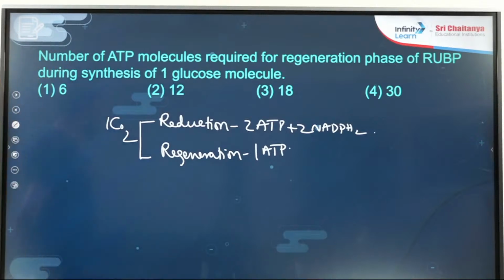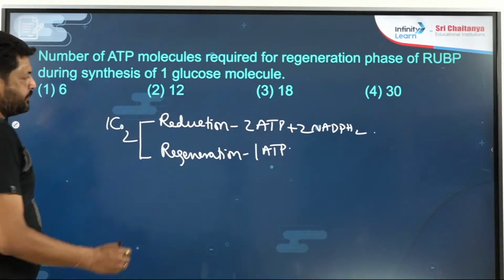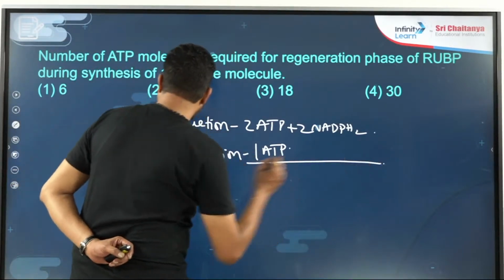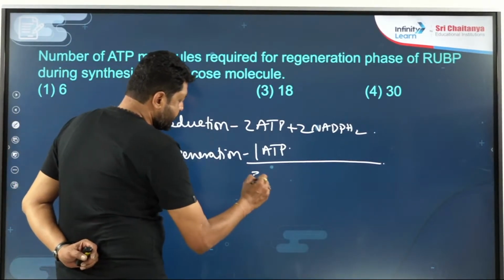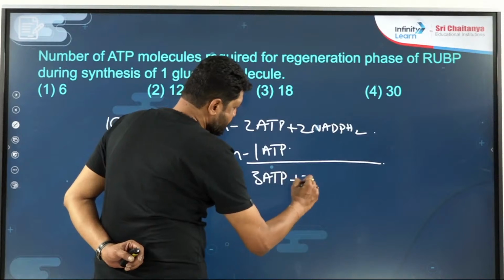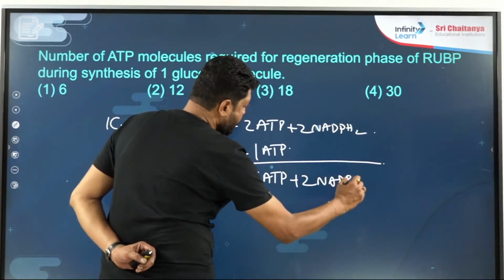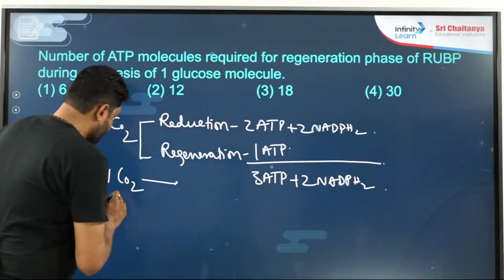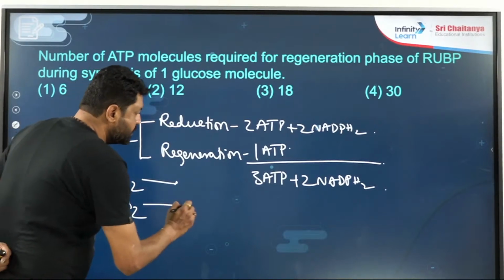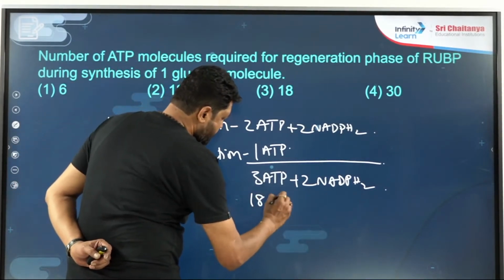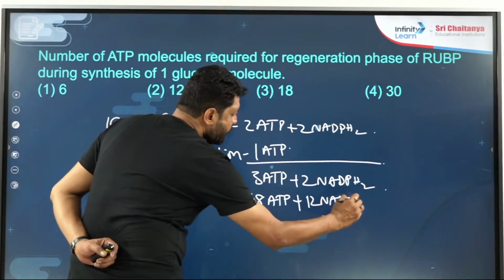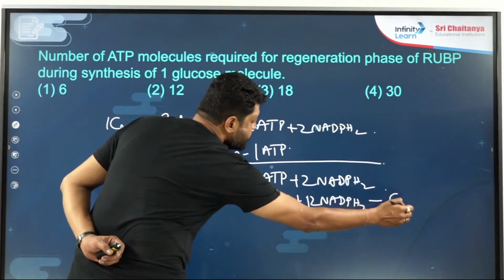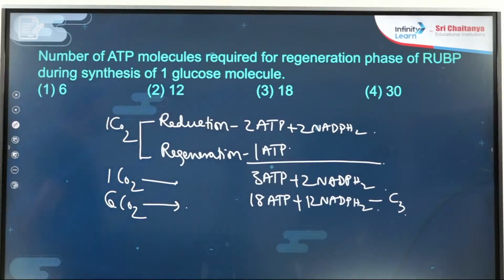Regeneration, 1 ATP. So for reduction of 1 CO2 molecule, in total 3 ATP plus 2 NADPH2 is required. For 6 CO2 molecules, 6 3s are 18 ATP plus 12 NADPH2 required in C3 plants for reduction of 6 CO2 into 1 glucose.